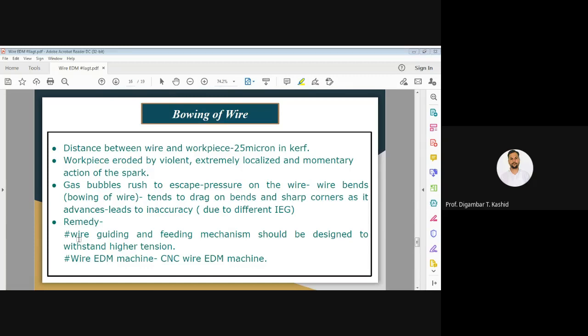You have to make a very strong wire guiding system so that more tension can be given to the wire, so that the wire does not bow or bend during machining or sparking. So that is bowing of wire.